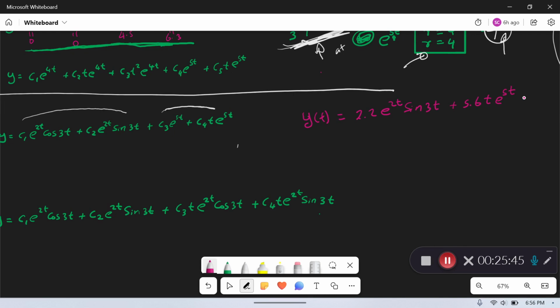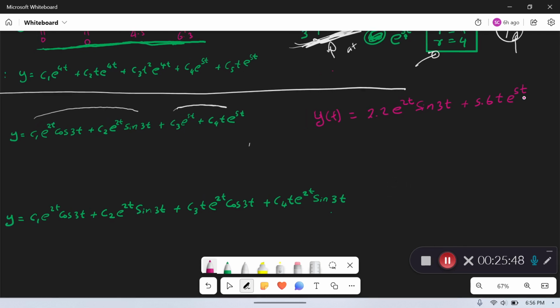You should realize that once you see a sine term or a cosine term, it has come from a complex number. To be specific, this term has come from the complex number 2 plus 3i or 2 minus 3i. That's the only way you can expect a trigonometric term like this.